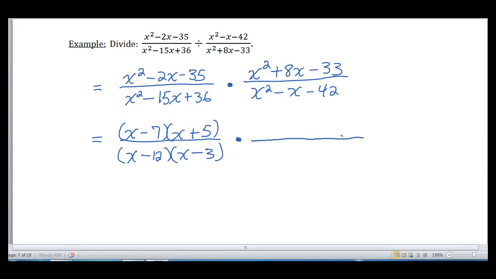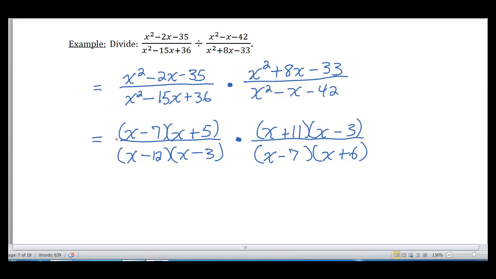And at this point, you want to get really good at factoring because it'll make your life so much easier. A positive 11 and a minus 3 will work. And in this denominator here, x minus 7 times x plus 6. Okay. So everything's factored, and now all we need to do is cancel our common factors.